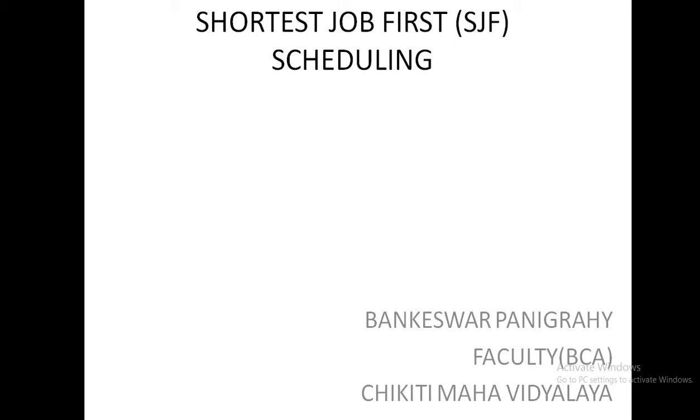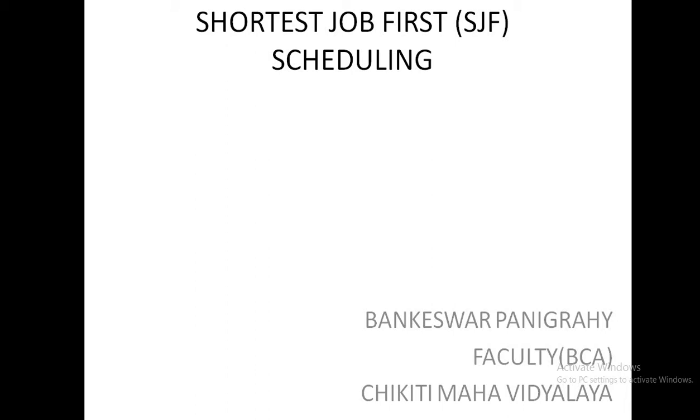Today we are going to discuss a new CPU scheduling algorithm, that is your SJF CPU scheduling algorithm. In our previous class we discussed the FCFS CPU scheduling algorithm and how to calculate the average waiting time as well as average turnaround time by using it.